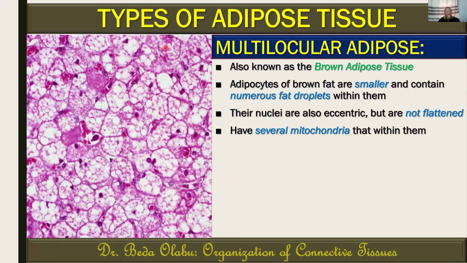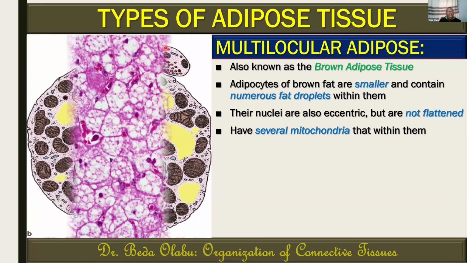Important to note is that these adipocytes contain several mitochondria within them. And this contributes to the browning appearance. Also, the other thing that contributes to the browning appearance is basically the vascularity that this adipose tissue usually has.